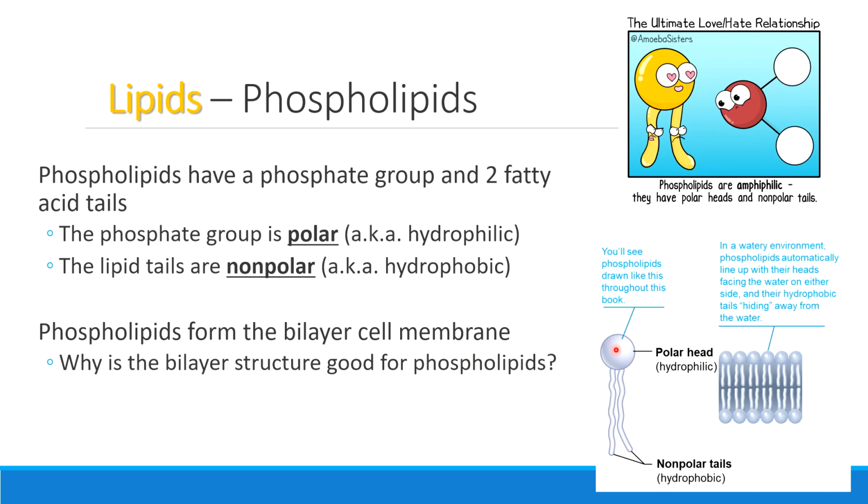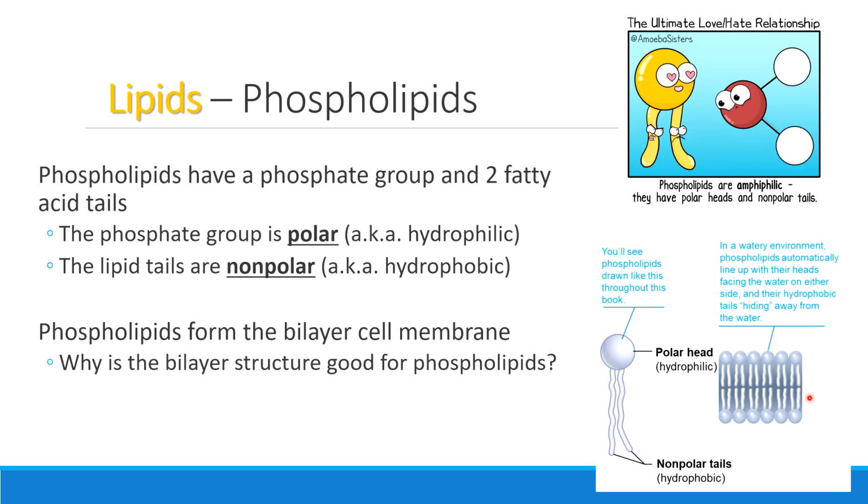So if you notice over here, we've got our head group that's polar, and we've got our tails that are nonpolar. When I put them together in this arrangement with the heads on the outside and the heads on the very inside of the membrane, all of those tails are stuck here together in the middle.